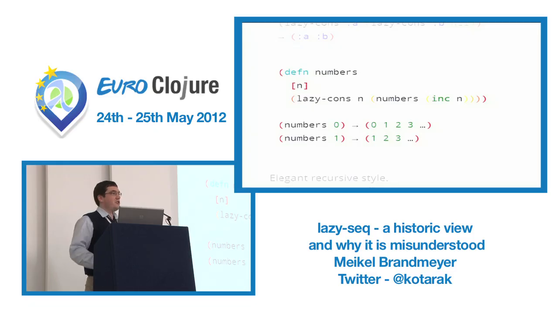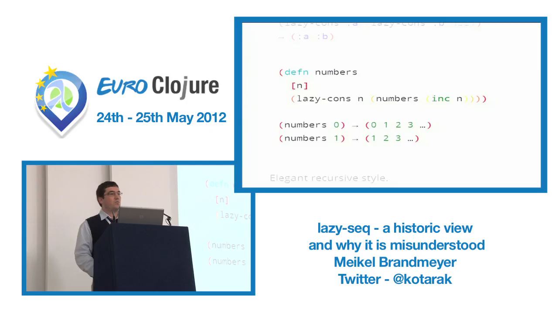We can define a function numbers, which takes an integer and basically just creates a lazy cons with this integer as a first element, and then recursively calls itself with the integer increased by 1.